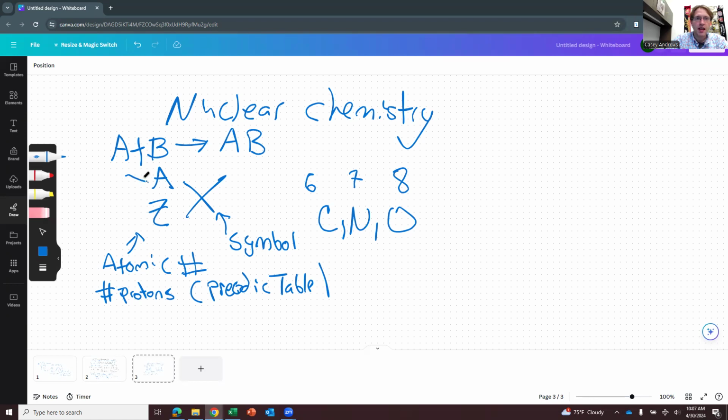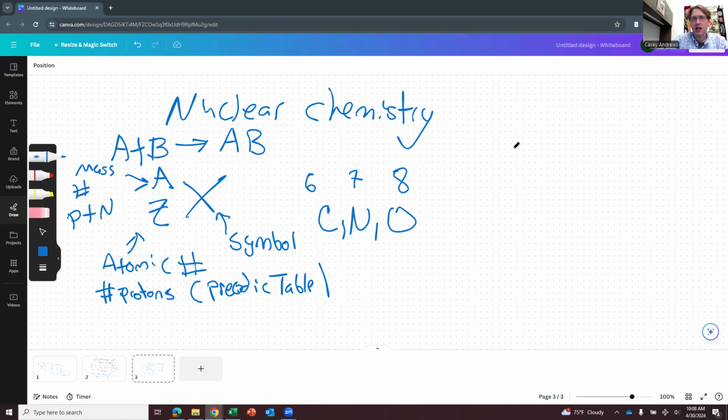A is the mass number. It's how many protons you have plus how many neutrons you have. So if the atomic number is the number of protons, you can figure out the number of neutrons just by subtracting the two.